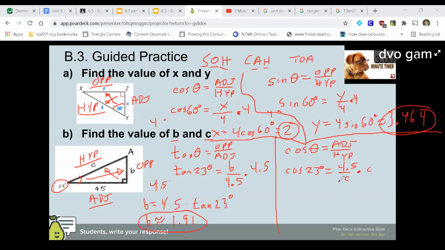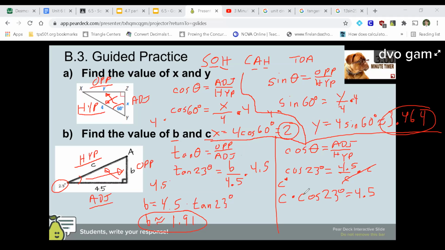Well, multiplying by C. So you're still going to multiply by the denominator as your first step. The only thing that's different is your denominator is now a variable.